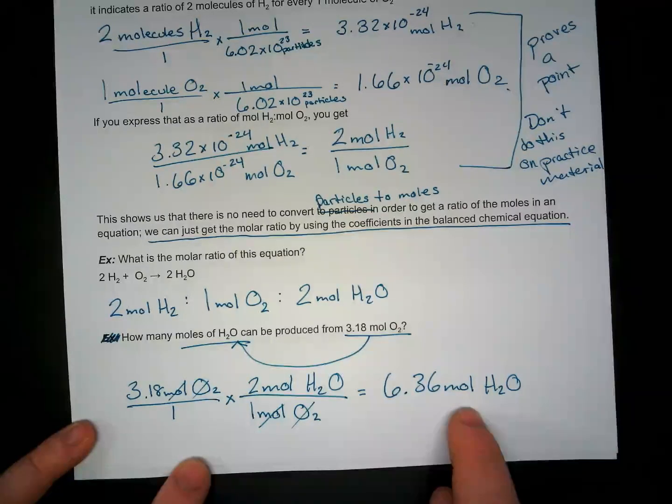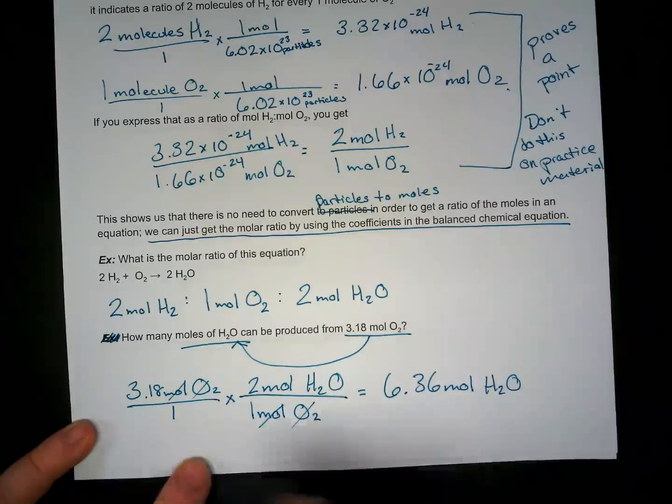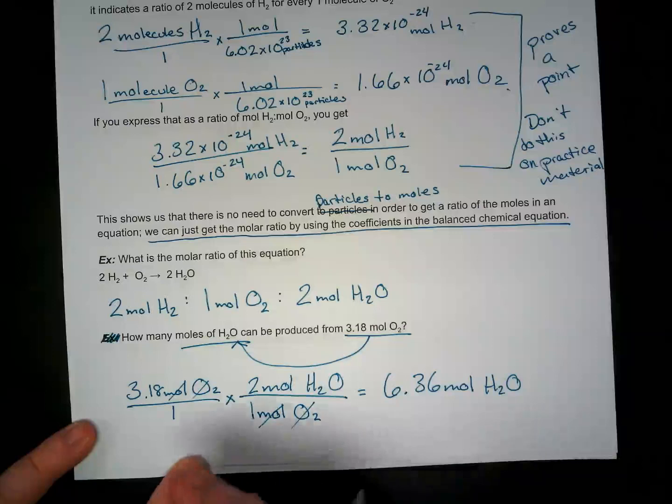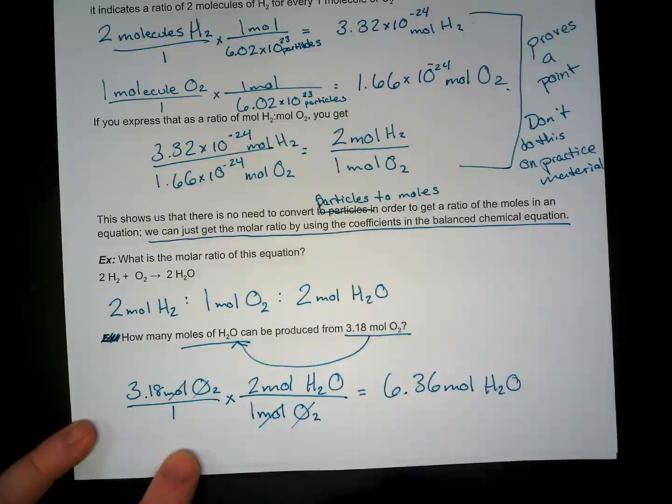So hopefully this isn't too confusing. Now, if it is, you've got to talk to me, because this is a baby step, because what we're going to be getting into in 6.2 is not just moles to moles, it's going to be mass of one substance to particles of another substance. It'll be particles of one substance to particles of another substance.